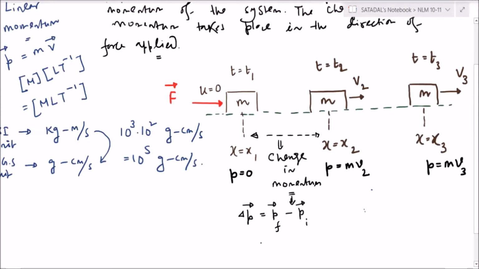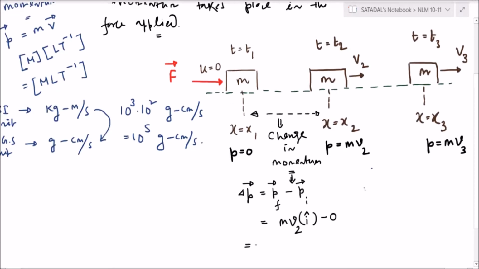For this interval, p final is this one. So I write mv2, direction is plus i cap, minus 0. So what happens? We get simply mv2 i cap. That's the change in momentum for the first interval.